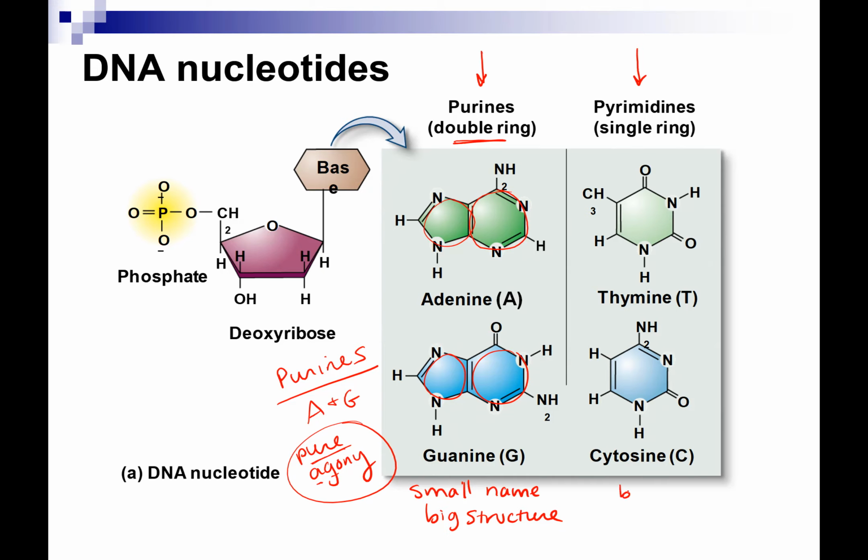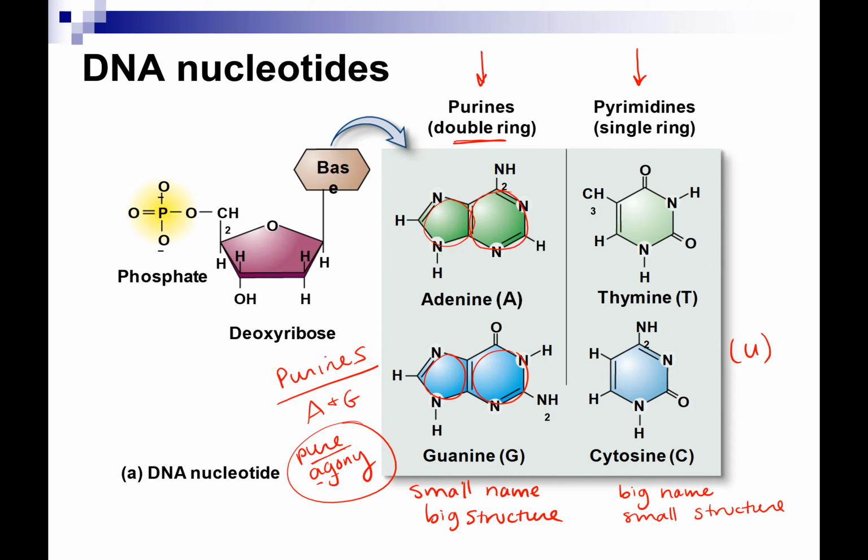So they have the big name, but the small structure. Okay, and when we talk about RNA, you'll see that uracil, which is the RNA nucleotide, looks very much like thymine.